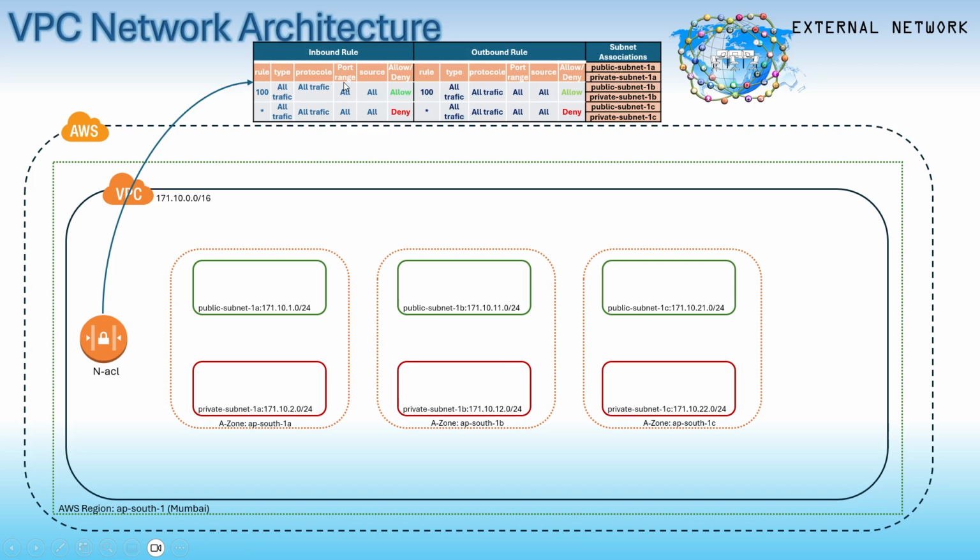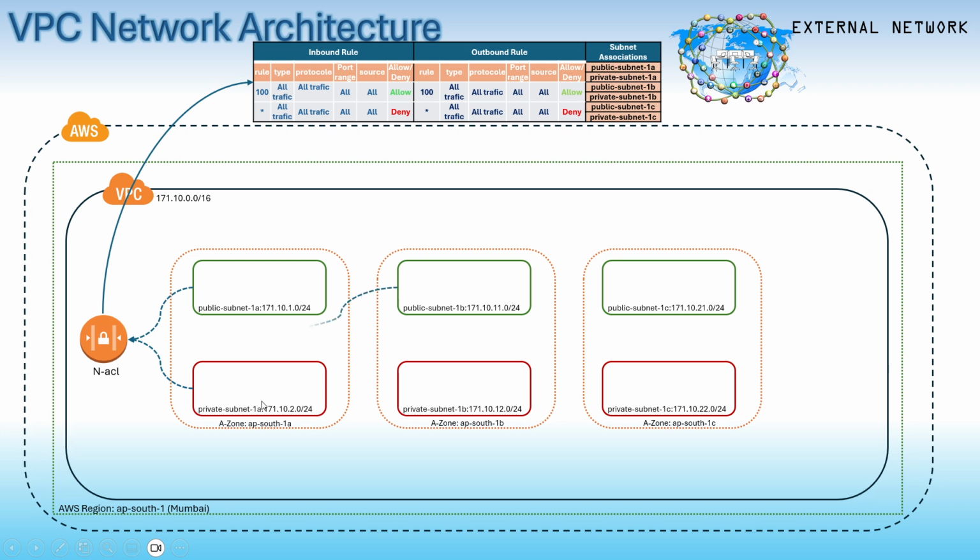So this NACL will be checked, and it will be added to the associated subnets. Right now by default it is added to all the subnets, so public subnet 1 is included. This means whatever the inbound and outbound rules show, this network ACL is going to apply to this subnet as well.